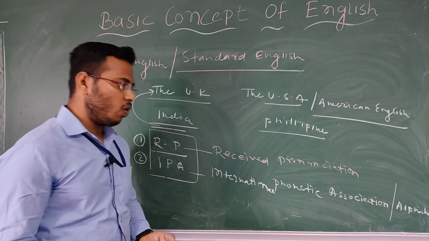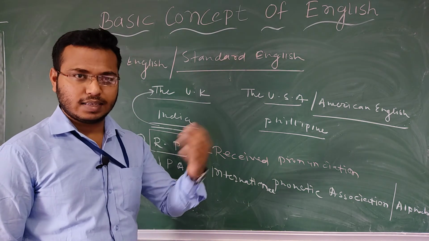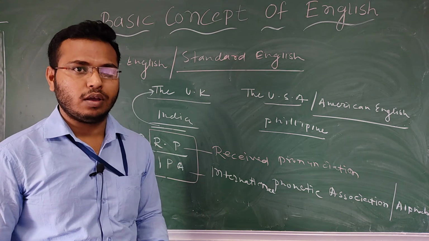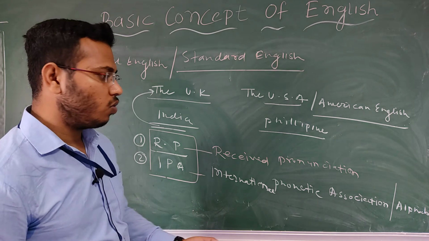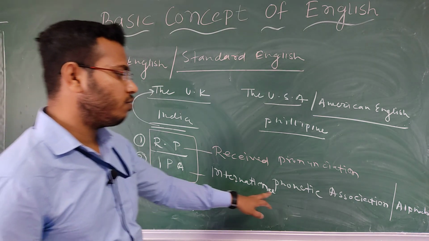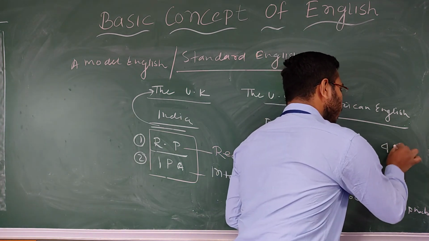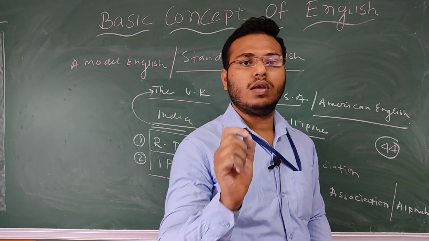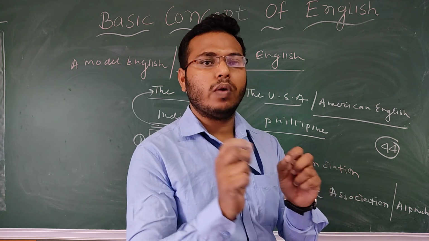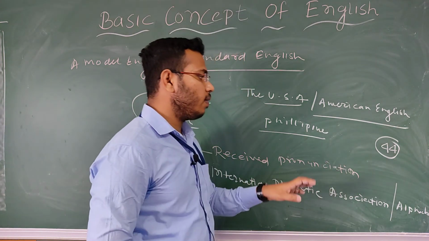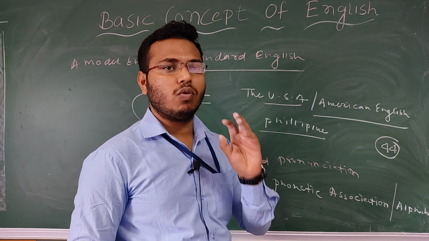But in class 11 or 12, and further in degree courses, you come to know how the actual sound should be produced and pronounced, which comes under IPA, the International Phonetic Association, who made this alphabet. These alphabets are actually 44 in number. In the English language there are 44 sounds, not 26 letters. It may have 26 letters, but it has 44 sounds.